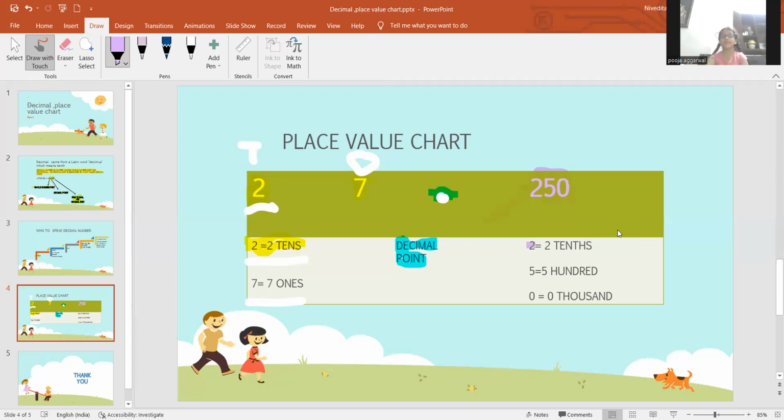After the decimal point, the places will be tenths, hundredths, thousandths, and so on.